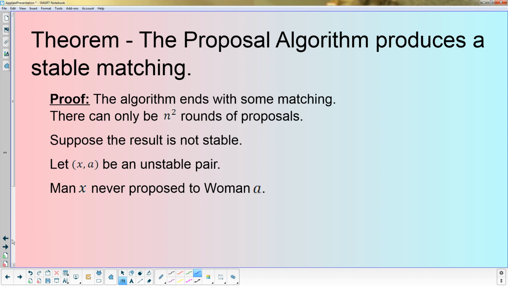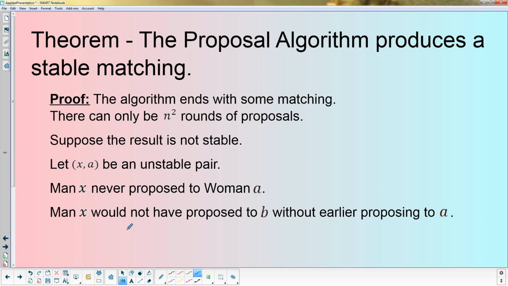So that in and of itself is almost a contradiction: if man X really would prefer woman A, he would have run into that pairing before the pairing he's currently in, which I assumed was this woman B for lack of notation.